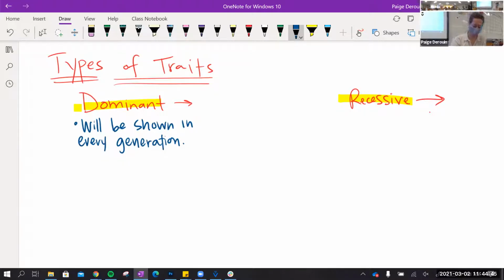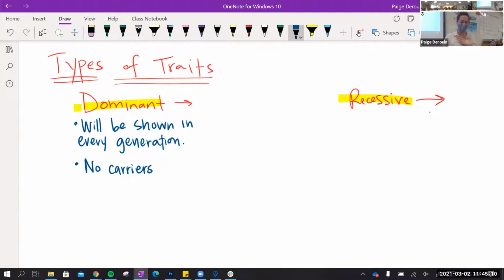Also, will there be carriers? No. No carriers. Why will there be no carriers? Yes, because if someone's heterozygous, they will show the trait. They just won't be a carrier, they'll just have it.